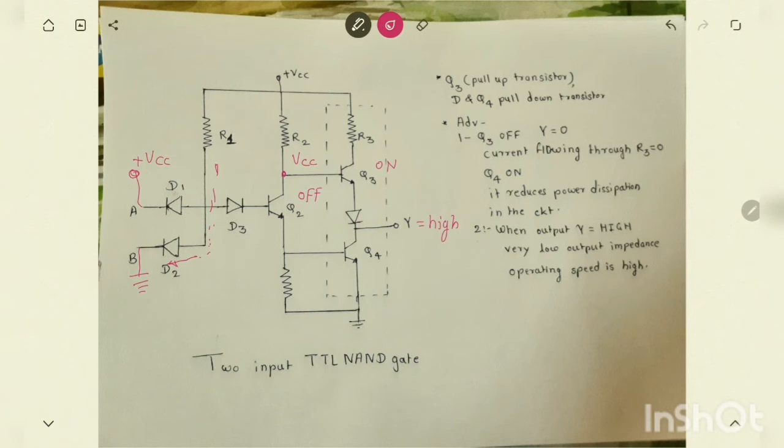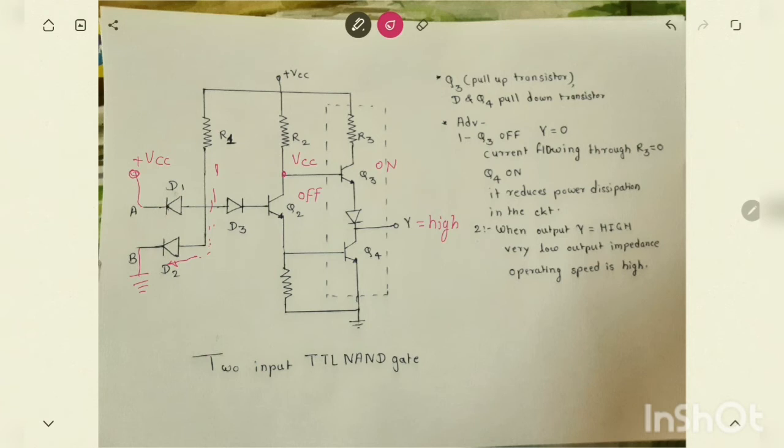Whatever the input, the same you get at the output. Suppose instead of D2, D1 is grounded. The same thing happens here. One of the inputs is low. In that case, the base voltage for transistor Q2 is very low.